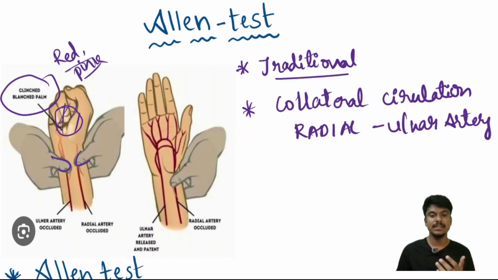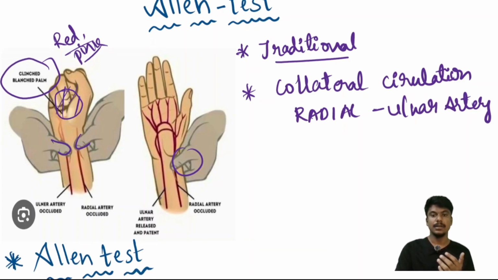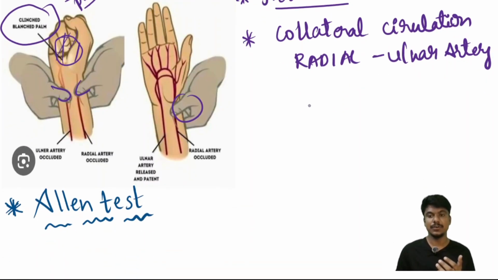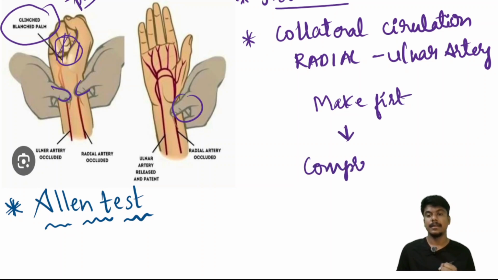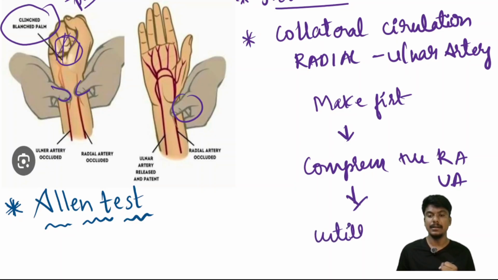And one more test we'll do. The second one is the modified Allen test. Here I'll tell you the steps to follow. First, as I told, make a fist, then compress the radial artery and ulnar artery until the hand turns pale.